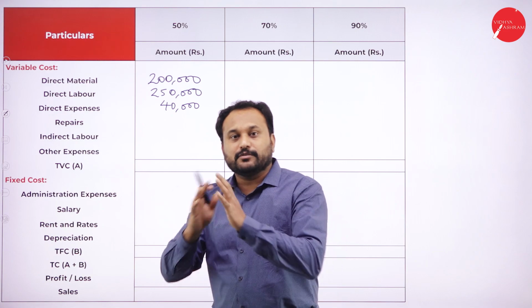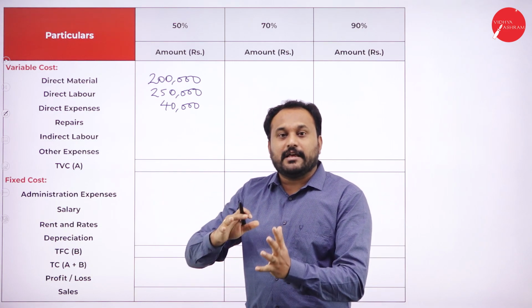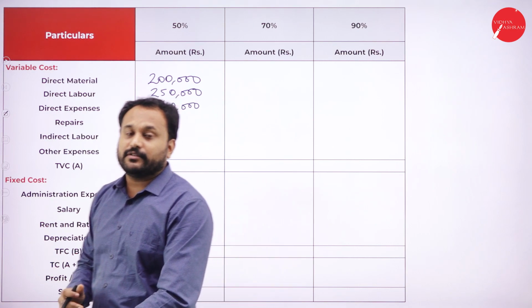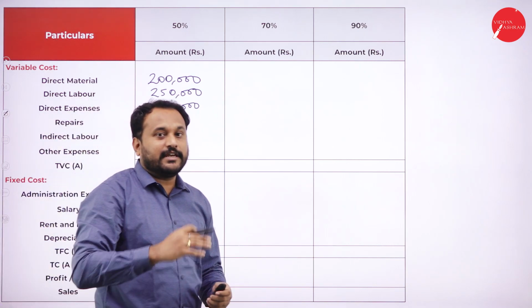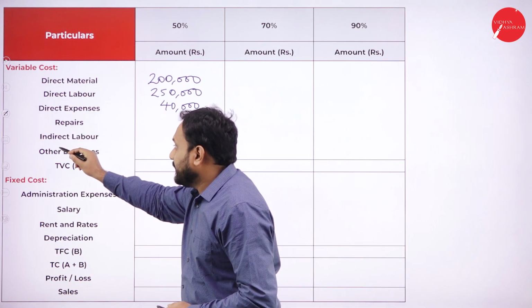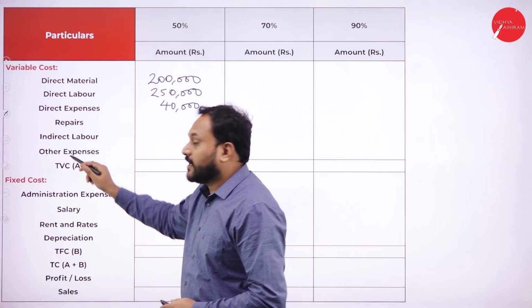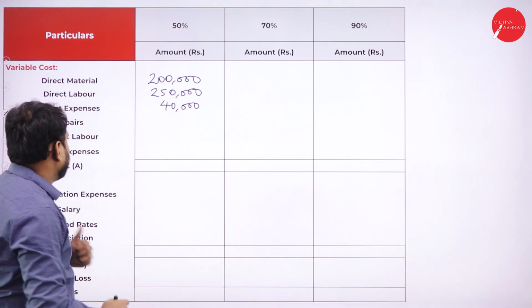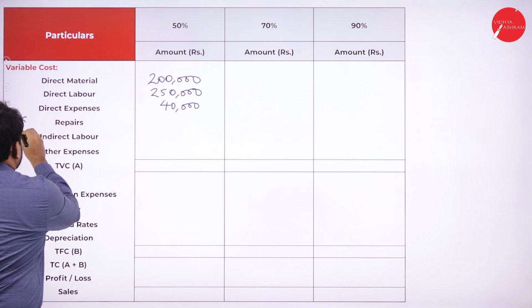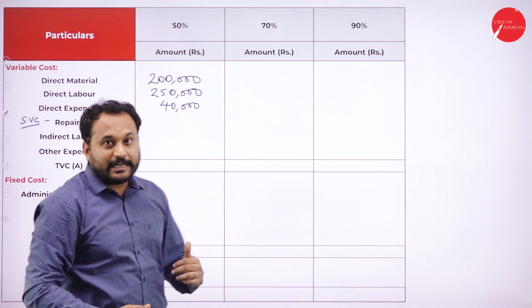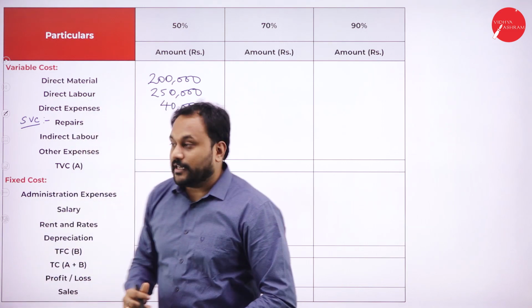I want you people to prepare this, and while I'm explaining, please don't write down the numbers. I want you people to carefully understand the question and then go for it, right? Next one is, we have this repair, indirect labor, other expenses. These are the semi-variable costs. You can write a heading here also, semi-variable costs, and then write repair, indirect labor, and other expenses.